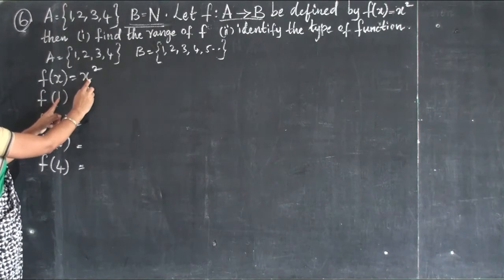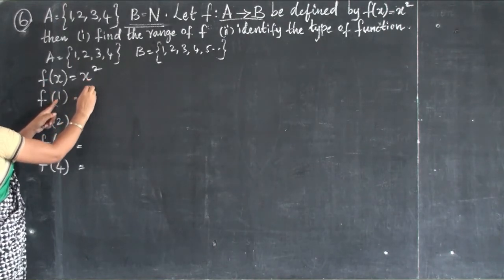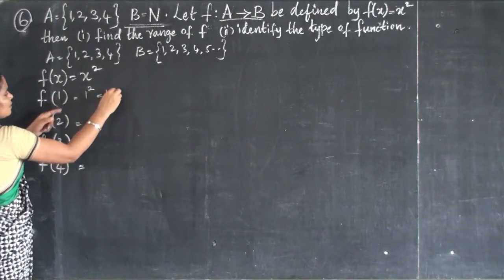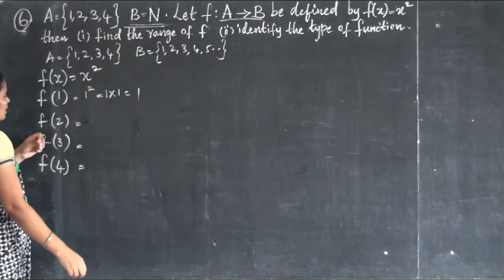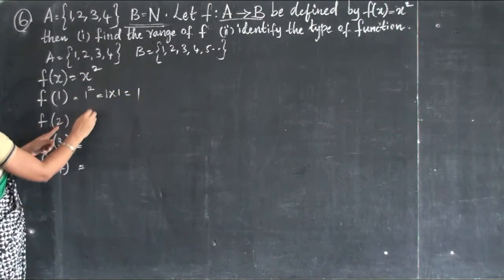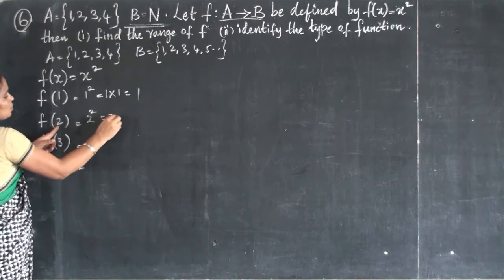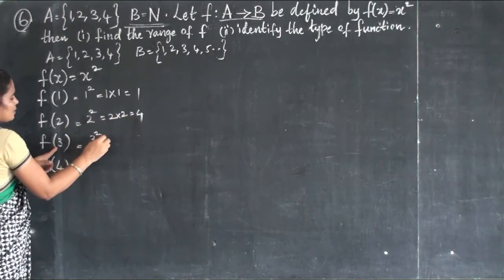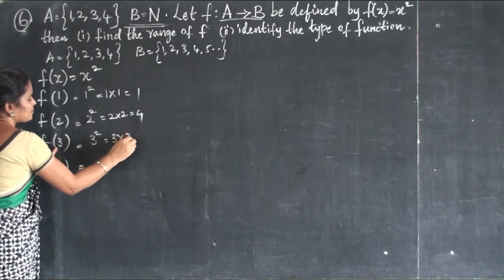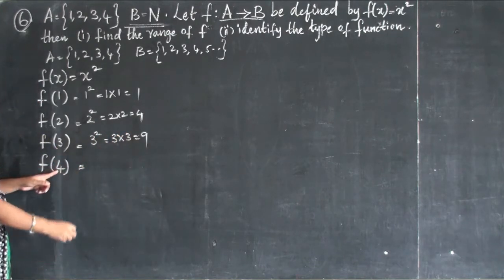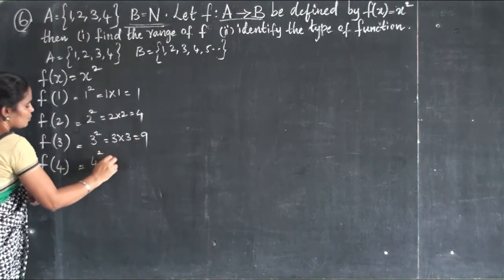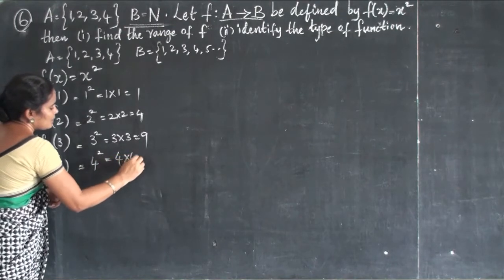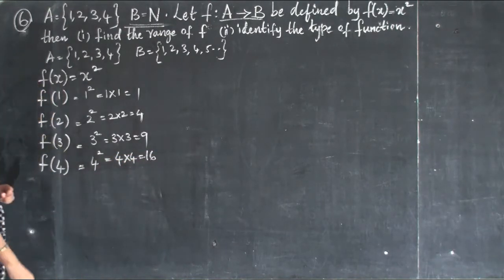So x square, that is 1 square. 1 into 1 is 1. Then 2 square, 2 into 2 is 4. Then 3 square is 9. 4 square, 4 into 4 is 16.